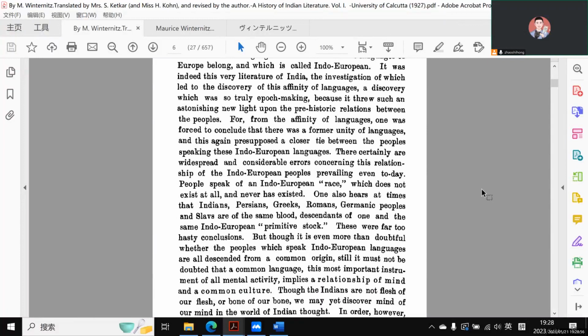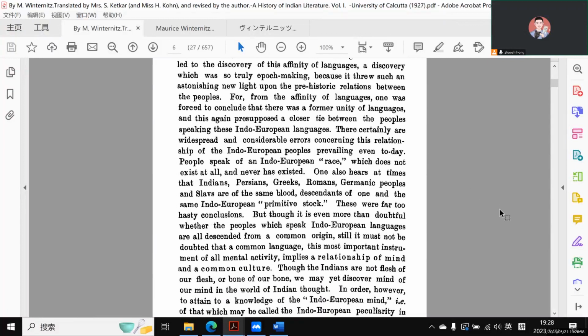And in this part, actually, Winternitz is criticizing those people who advocate that there exists a so-called Indo-European race.